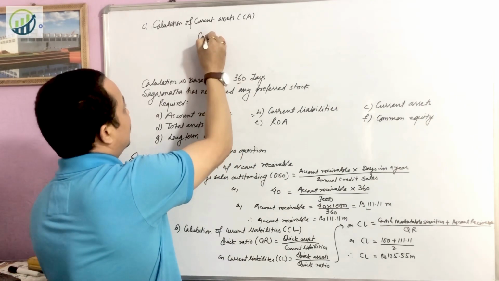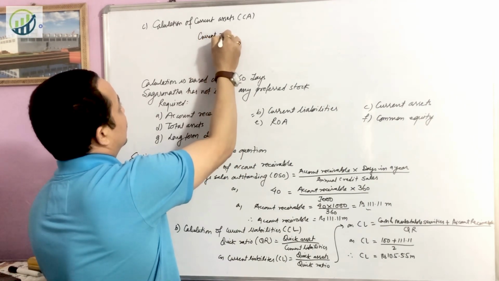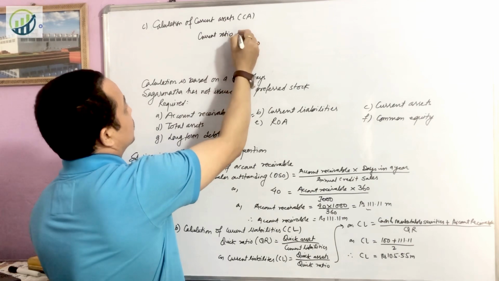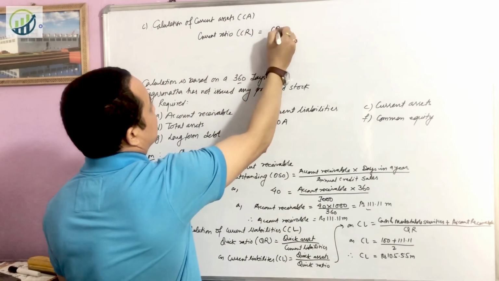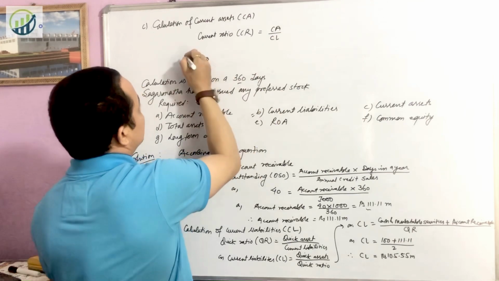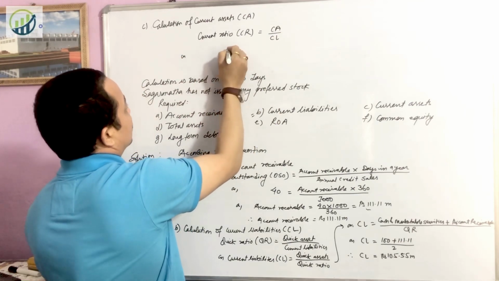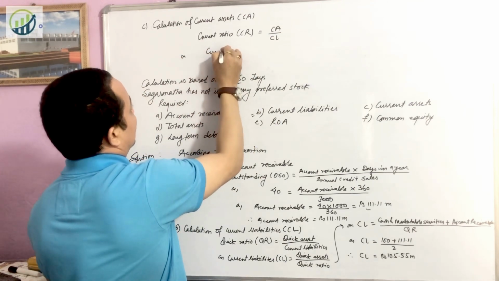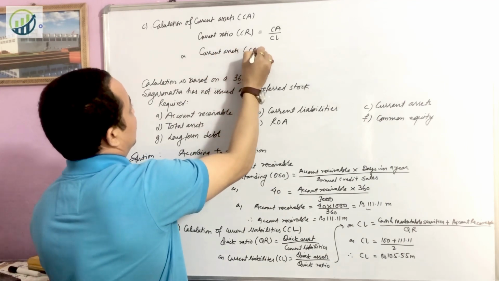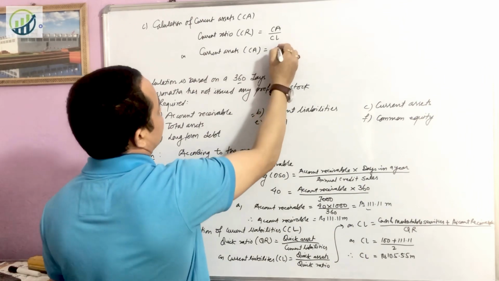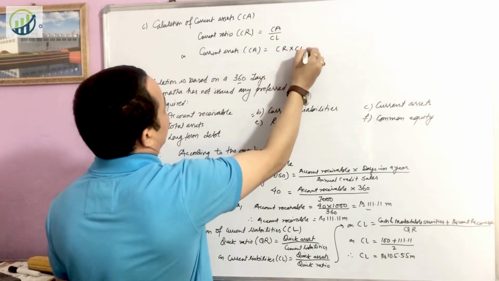Current ratio, CR, equal to current assets upon current liabilities, or current assets CA equal to current ratio into current liabilities.